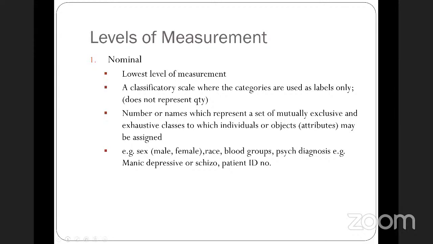It is just a classificatory scale where the categories are used as labels only. Numbers or names represent a set of mutually exclusive and exhaustive classes to which individuals or objects may be assigned. For example, you have your sex, race, blood groups, etc.